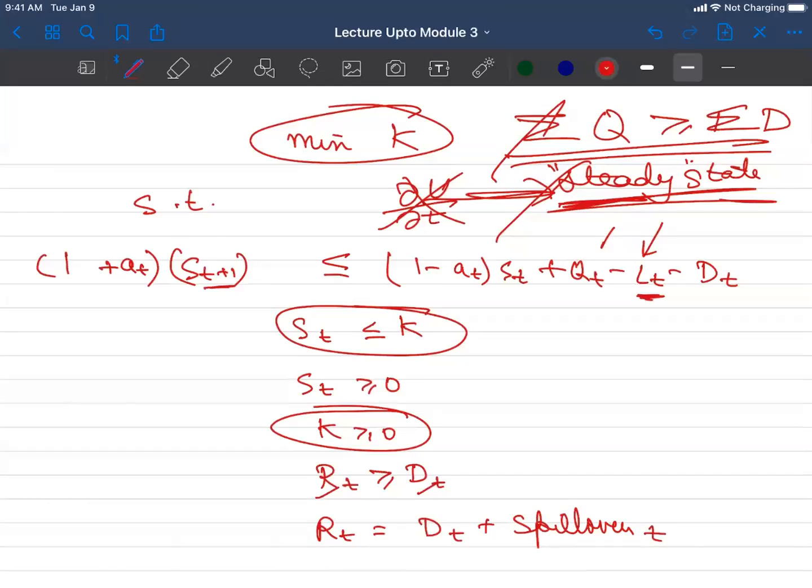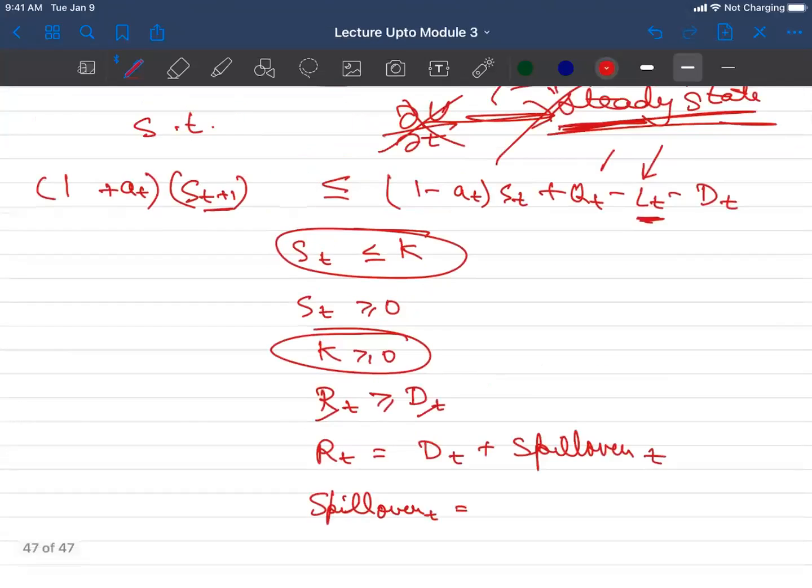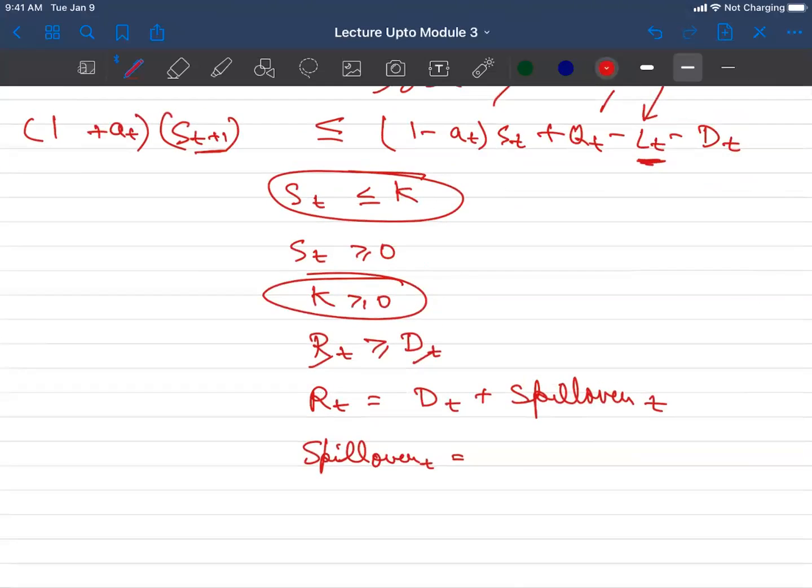Okay. Right? But what would be the amount of spillway? What would be the amount of spillover at any time t? So it would be the excess of the reservoir capacity. Okay, but we have to write the formula for that at time t, because now we are putting everything in mathematical context. How much water would spill?